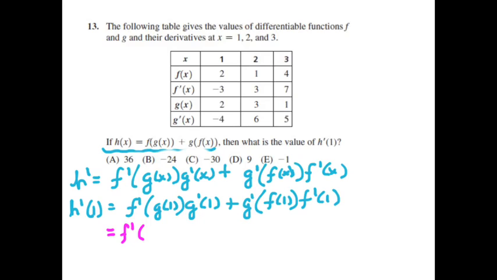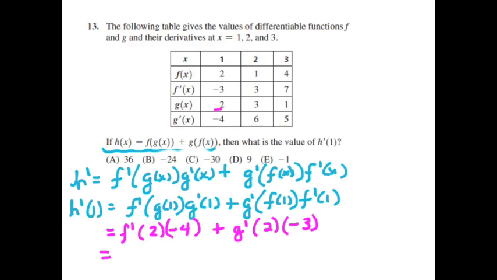And g of 1 is 2, times g prime of 1, which is negative 4, plus g prime of f of 1, so that's going to be g prime of f of 1, which is 2, times f prime of 1, which is negative 3.